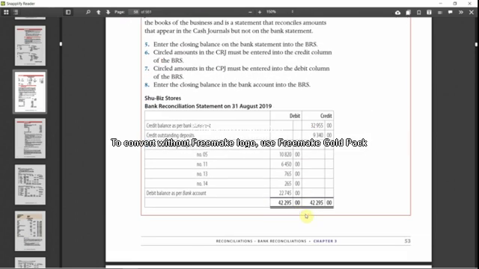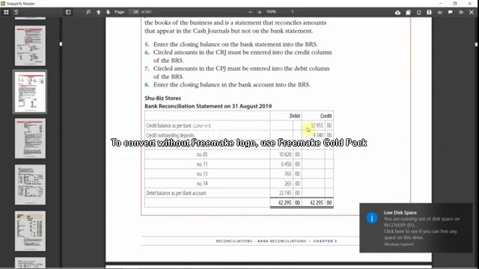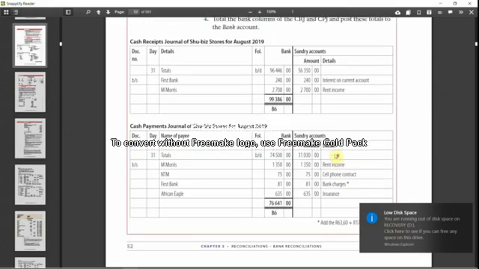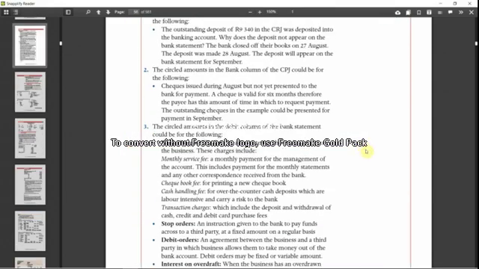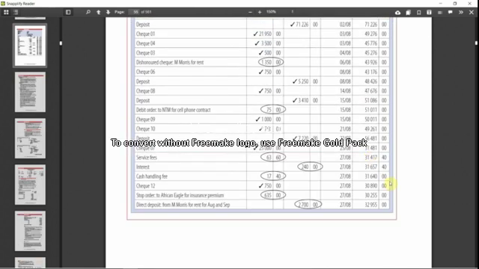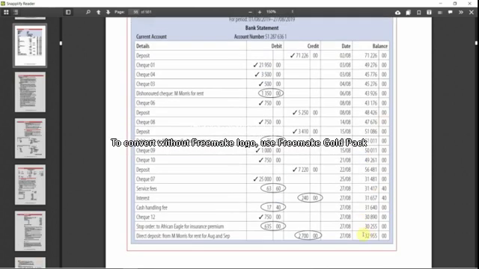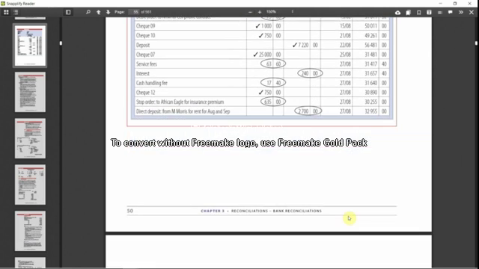So if we go to our bank reconciliation statement, we can see the debit balance as per the bank account is 22,745. So we started off with the credit balance as per bank statement. If we go to our bank statement rather, we can see the balance according to the bank was 32,955, and this was a positive balance, so it is a credit balance.